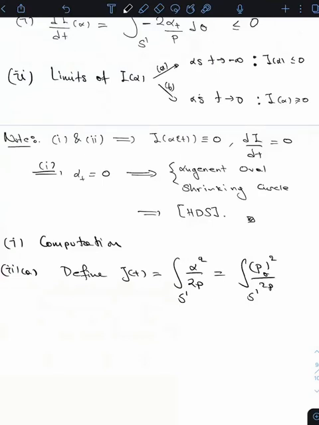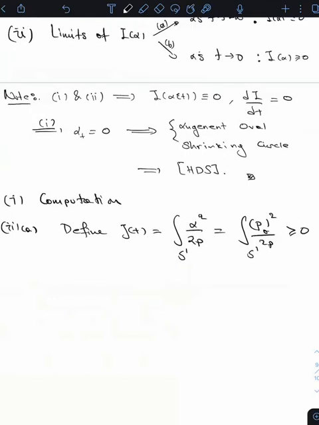Okay, and note that this is bigger or equal than 0. Now, why we define this integral J, this is chosen so that its derivative is almost close enough to minus I. And when I say close enough, this is in the following sense.